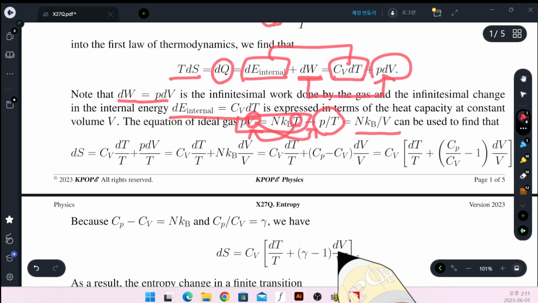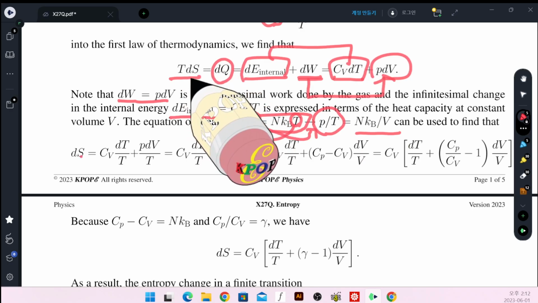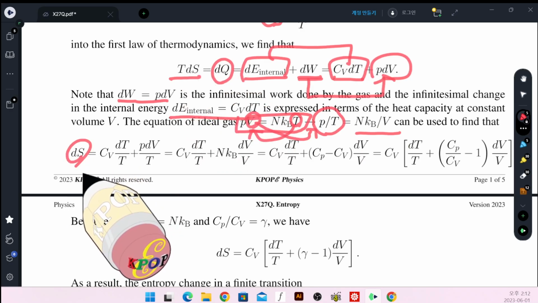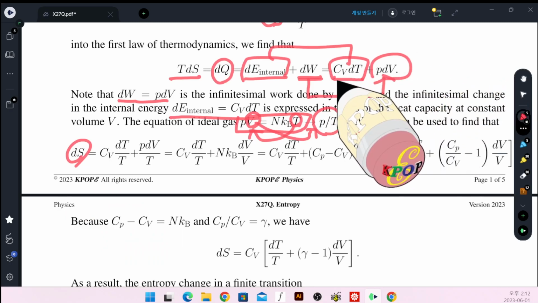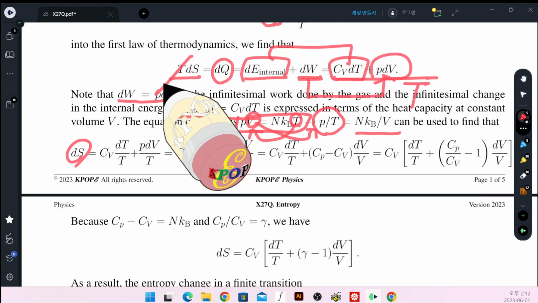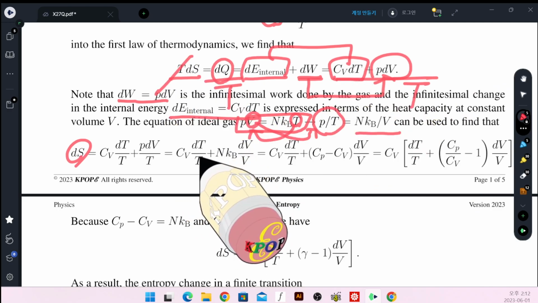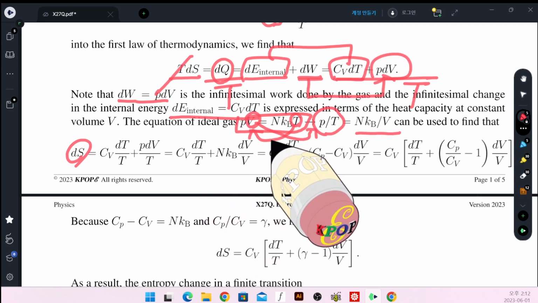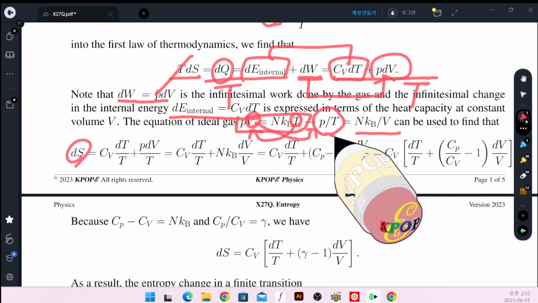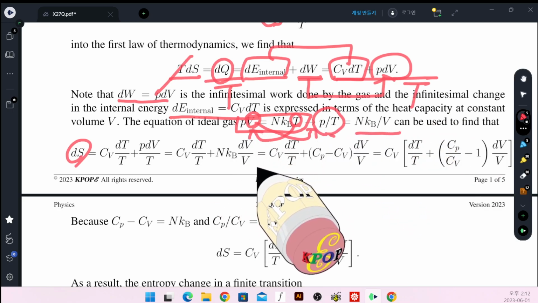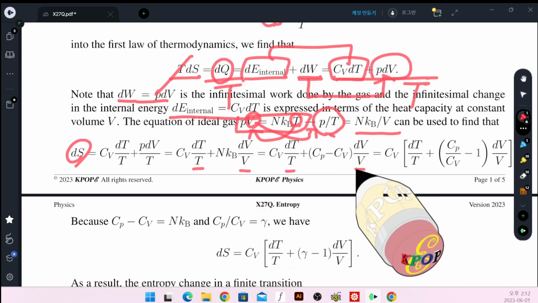We use this to find the differential of entropy S. So we divide this by T, and then we find CV dT over T plus P over T, which is NkB over V. So we all have differentials of logarithms.